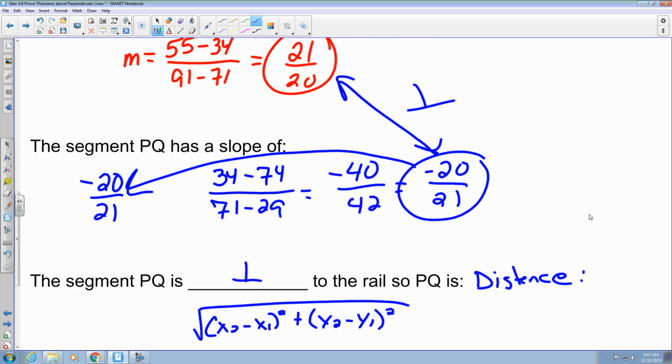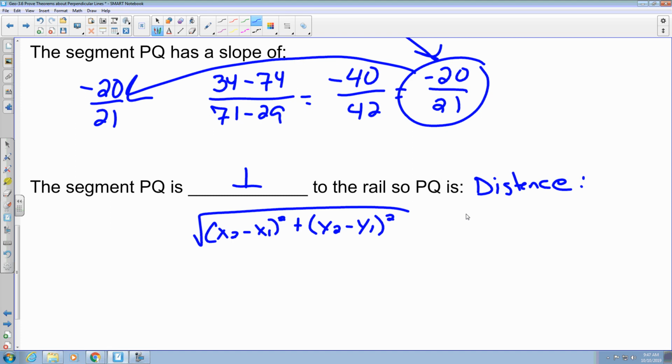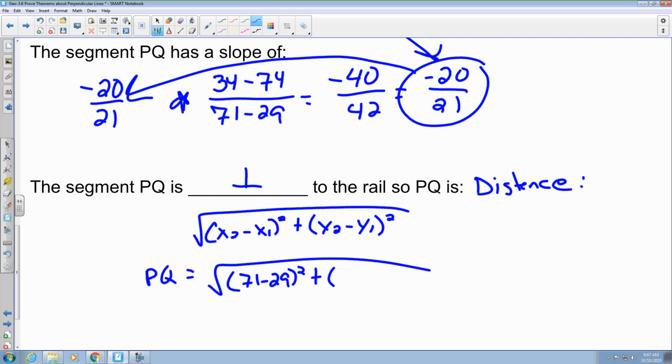Using these coordinates, PQ will equal the square root of 71 minus 29 squared plus 34 minus 74 squared.